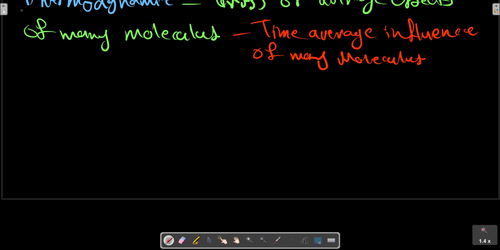A few remarks should be made regarding the continuum.